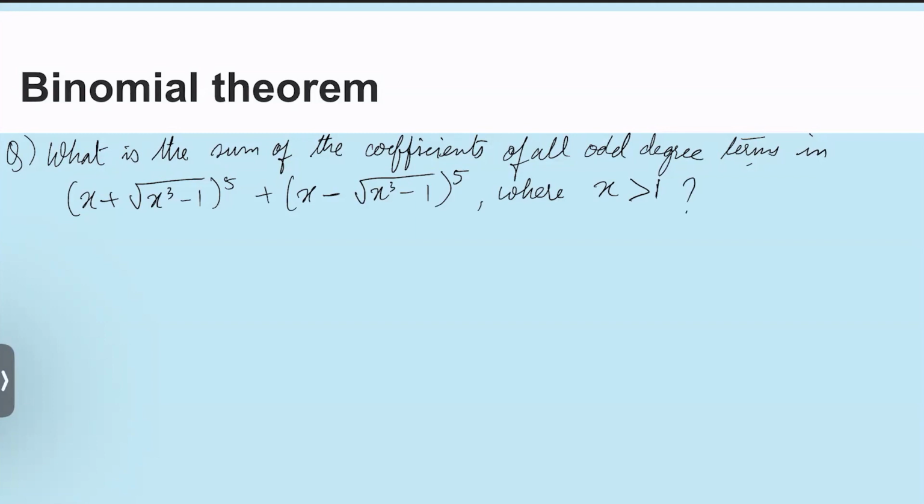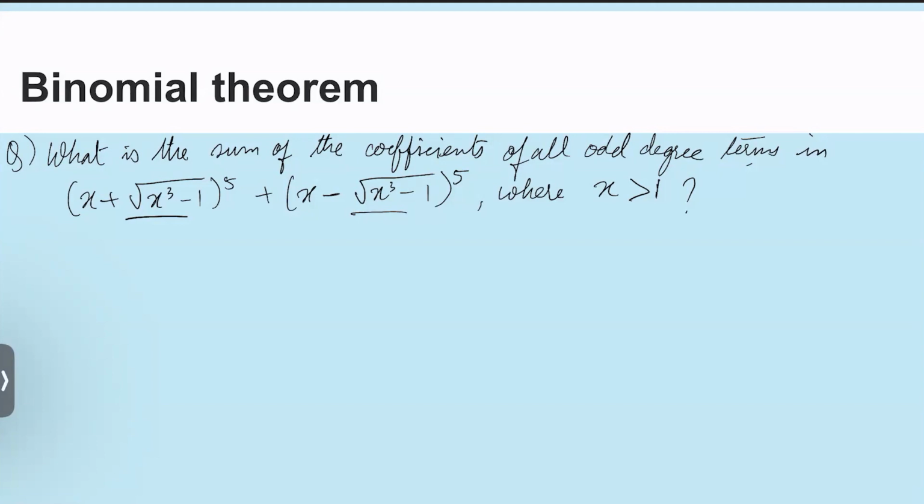So these are two separate binomial expansions, and we have to find the sum of the coefficients of all the odd degree terms. So every time your x has an odd degree, we will try to find the sum of those coefficients.